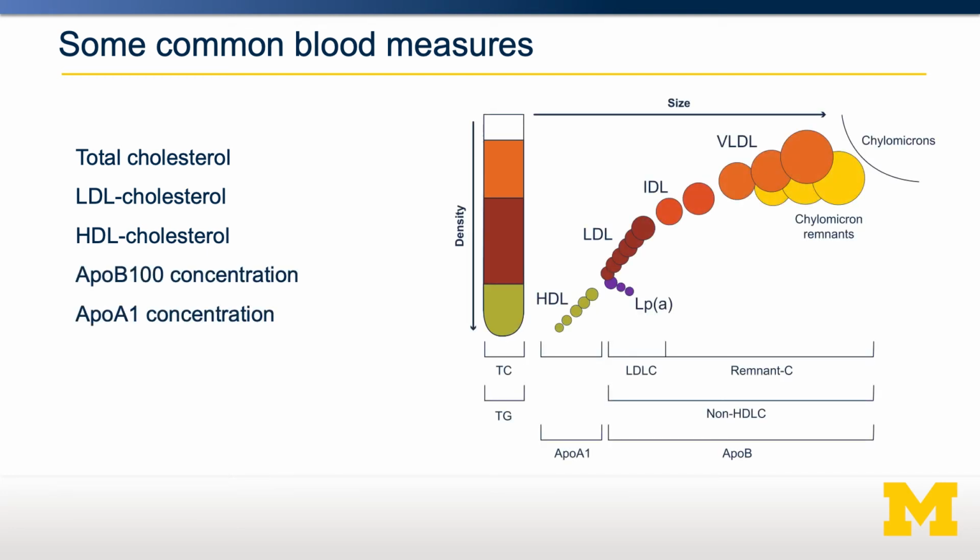Because each LDL has one and only one ApoB100 molecule, and every HDL has one ApoA1 molecule, we can measure the concentration of ApoB100 or ApoA1 to determine the number of particles in the blood. Again, this is related to the amount of cholesterol in that fraction, but it's not exactly the same. Sometimes we use ratios of LDL to HDL particle number, or ApoB100 to ApoA1, or triglyceride to HDL ratio. These are also useful in determining cardiovascular risk at a longitudinal level.